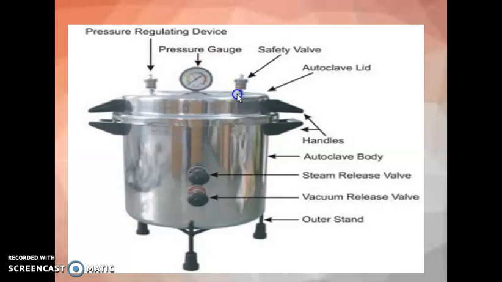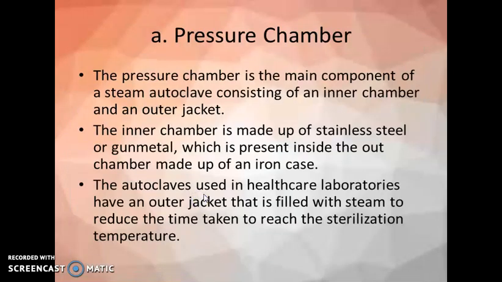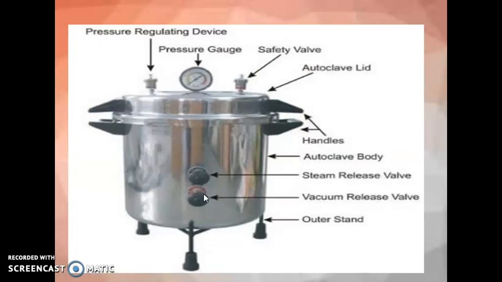This is the safety valve, and this portion is the autoclave lid, and these two are handles. This is the body of the autoclave, this first valve is the steam release valve, the second one is the vacuum release valve, and this is the outer stand.